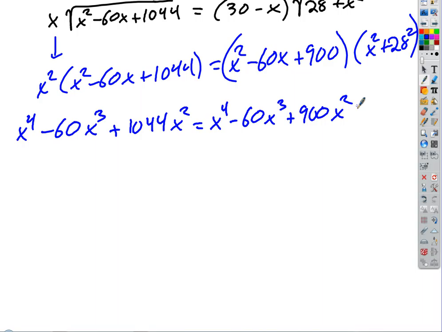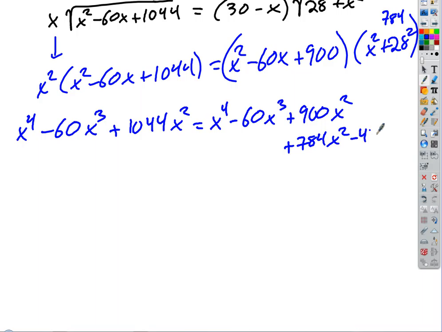So then if we distribute the 784, we get 784x squared. 784 times minus 60 is something huge. Which one is it? 784 times minus 60. 47,040.